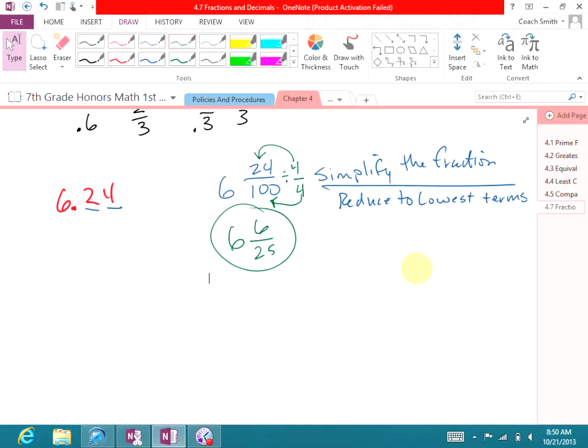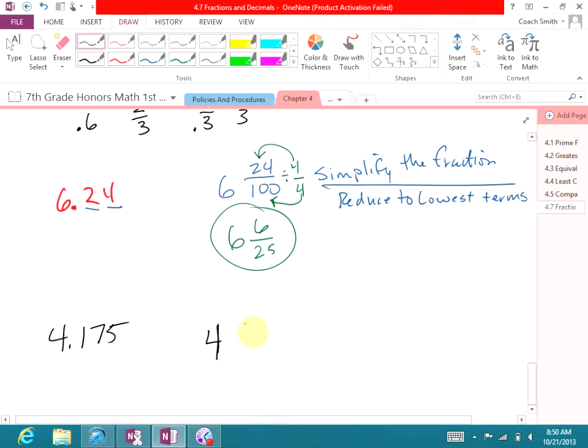Okay? Let's look at another one. 4.175. Okay, once again, the 4 just comes outside in front of the fraction. Okay, then I take and put 175 over 1,000. Okay, now I can reduce that down. I can reduce that down by 25.